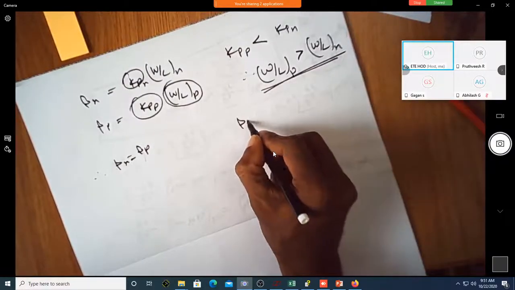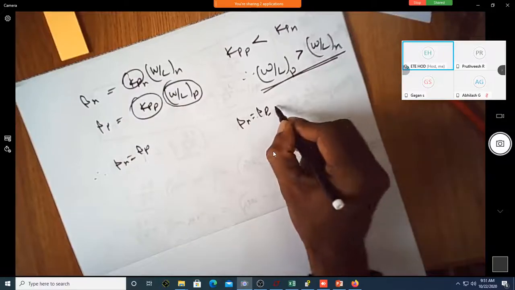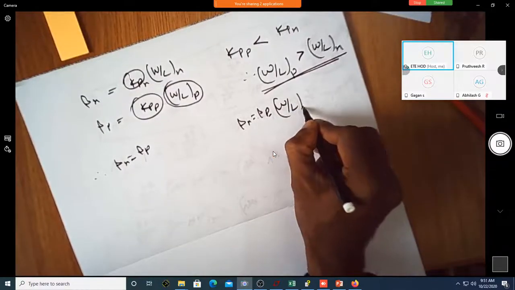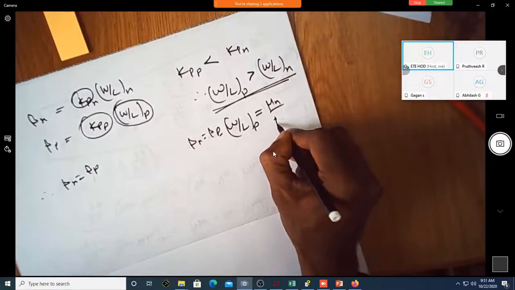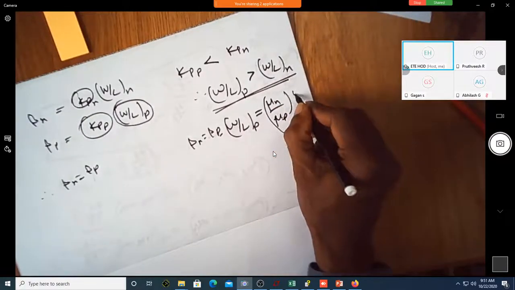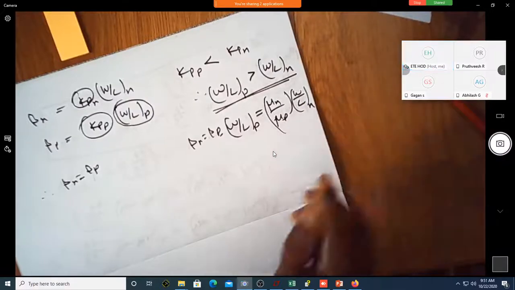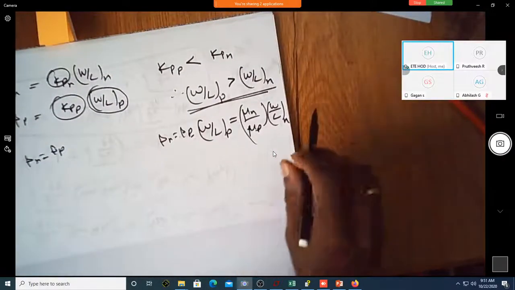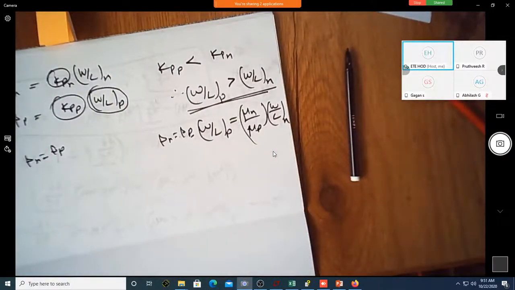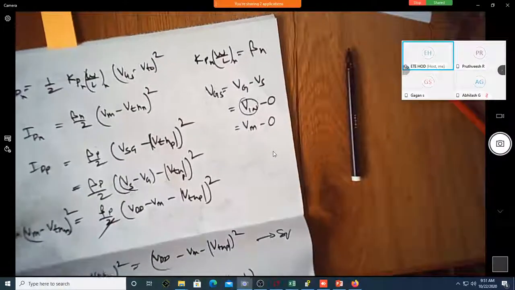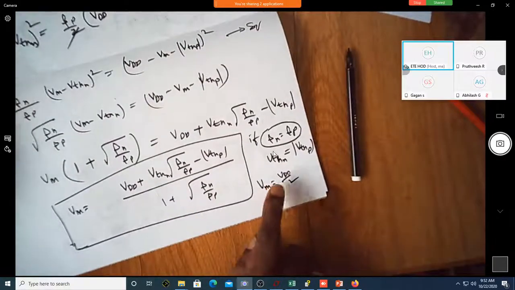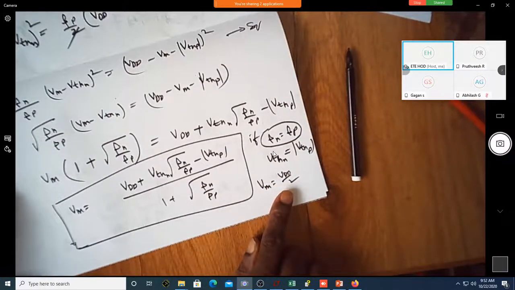If you want to make beta n equal to beta p, W by L of p should be equal to mu n by mu p times W by L of n. Is that perfect? So if it is so, what will happen to your Vm? This will become exactly half transition, half of your VDD.